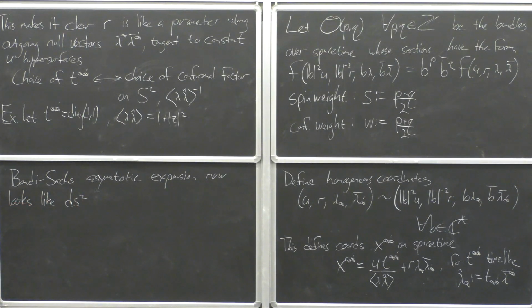This line element, of course, has to be neutral under these homogeneous rescalings, right? So every term that I write here had better be a section of O(0,0), right? Or else it doesn't make sense.